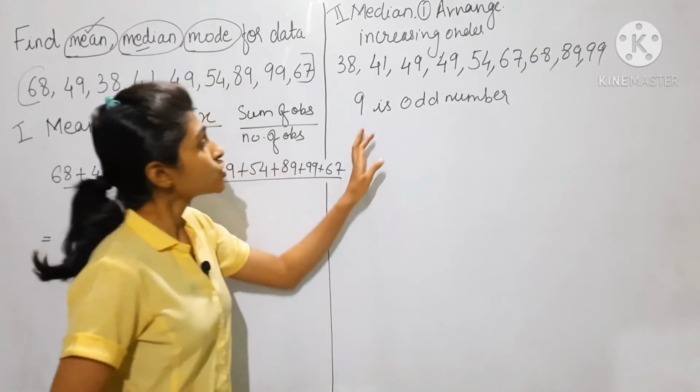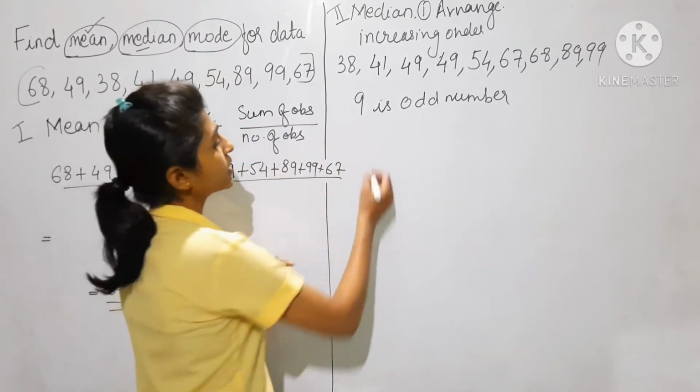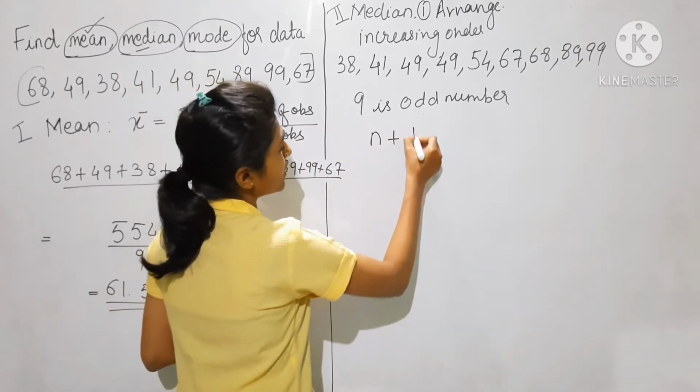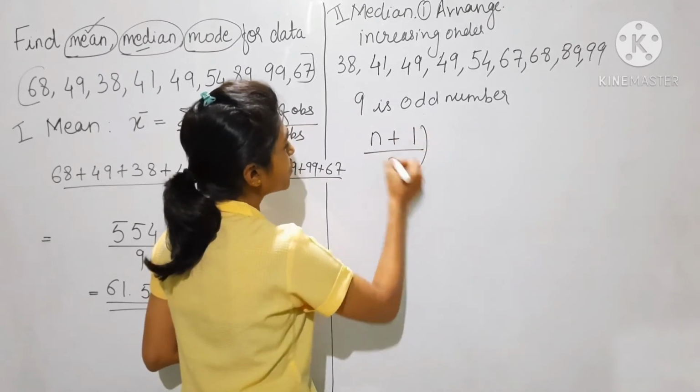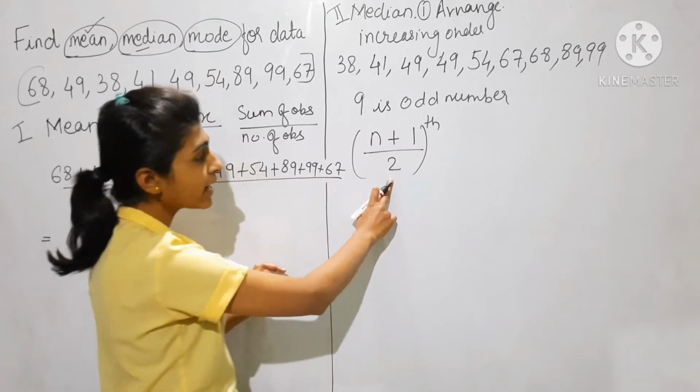So 9 is an odd number. For an odd number, the formula is (n plus 1) divided by 2, th observation.